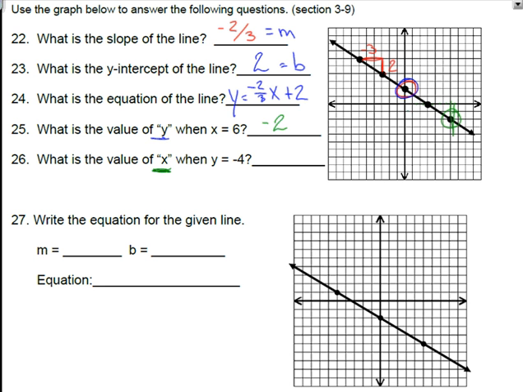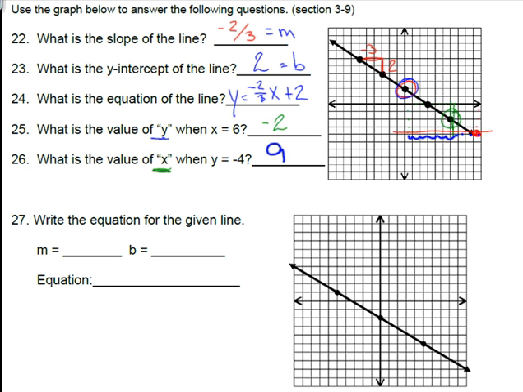So I go down 1, 2, 3, 4 places, and I draw a line across over here. It's asking for the x value, so I need to count how far to the right that it is. It is 1, 2, 3, 4, 5, 6, 7, 8, 9 places to the right.